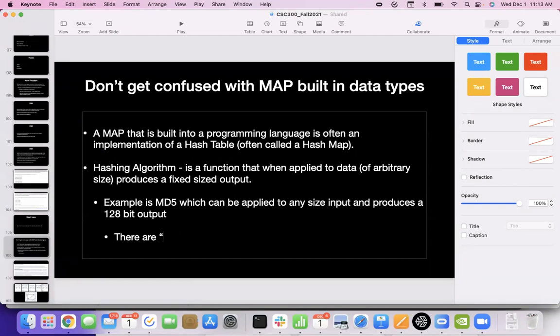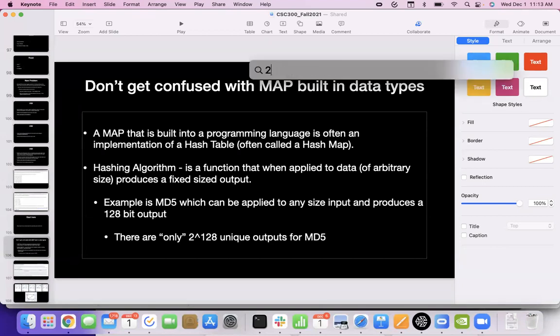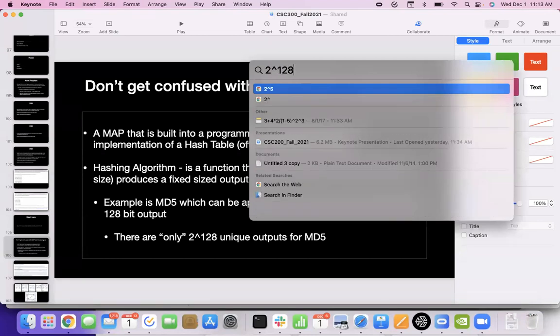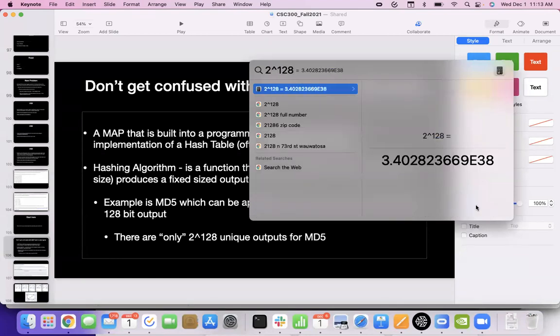I say only. There are only 2 to the 128th power unique outputs for MD5.